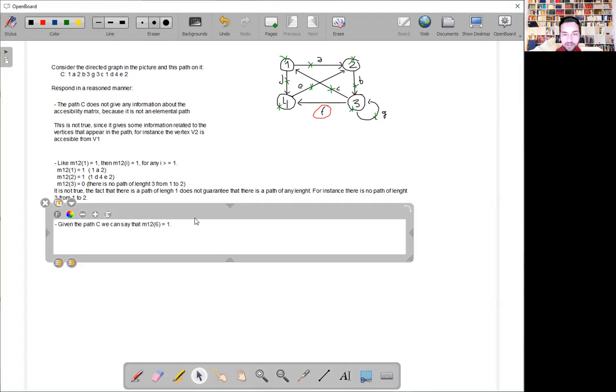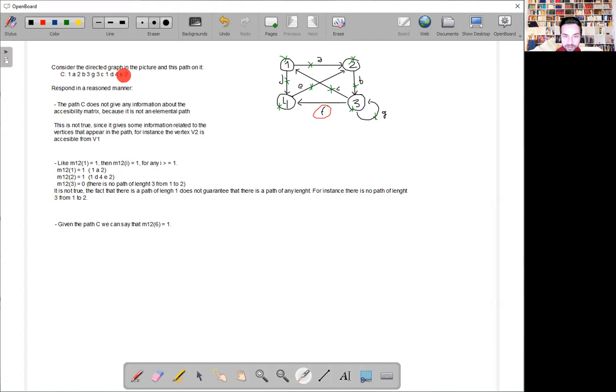It says, given the path C, we can say that the position 1, 2 of the accessibility matrix of order 6 is a 1.